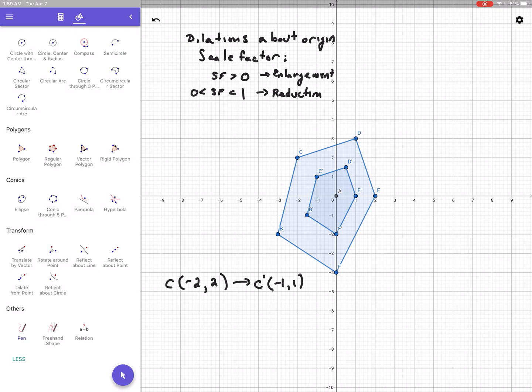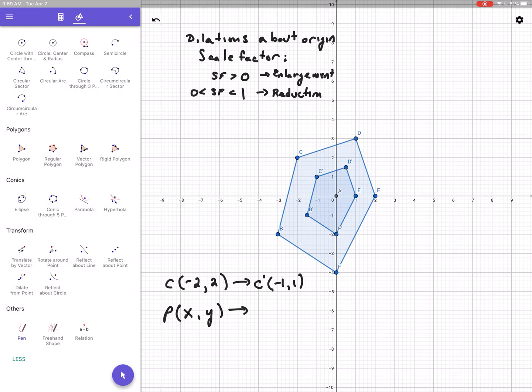Well, if you're following along and you understand what the scale factor is, you're literally taking whatever point you have. In this case, I'll just call it point P because there isn't one. I take the x and the y, right?